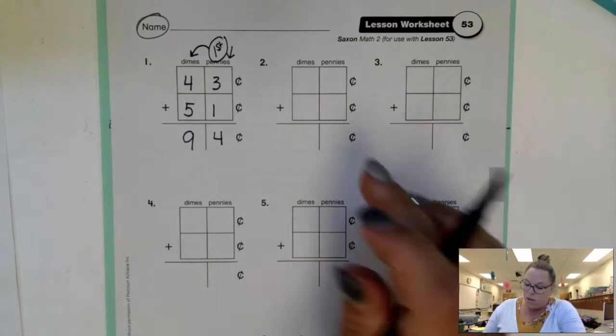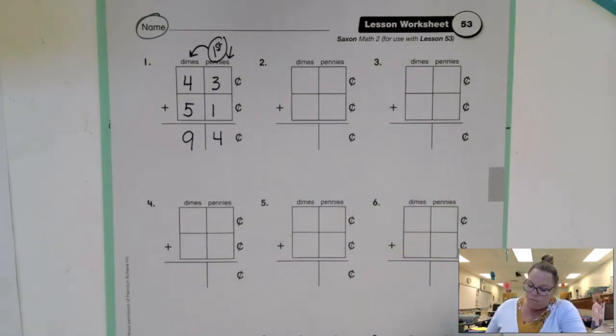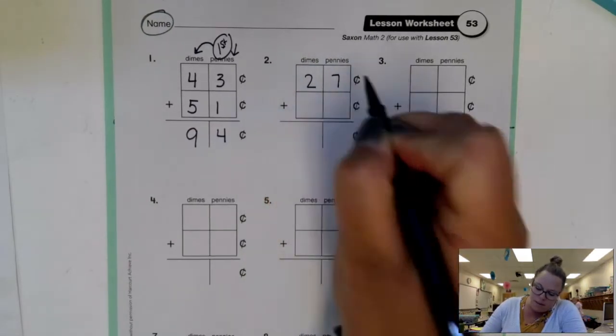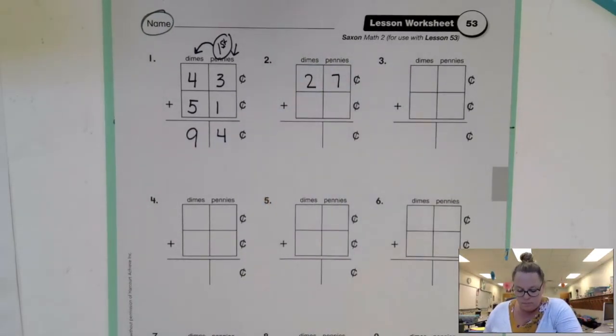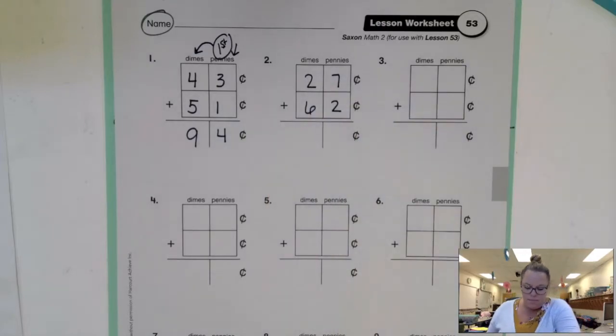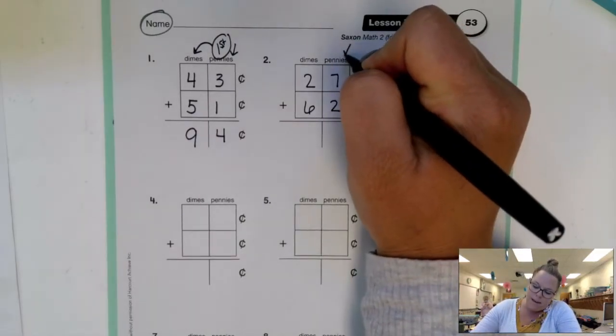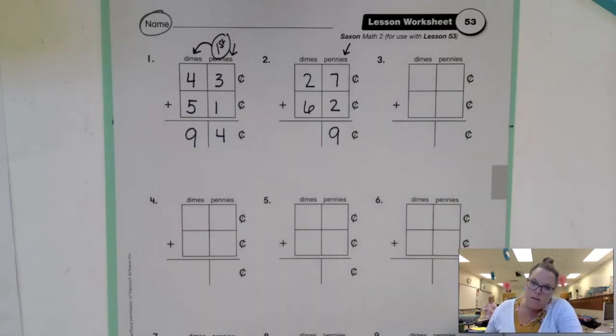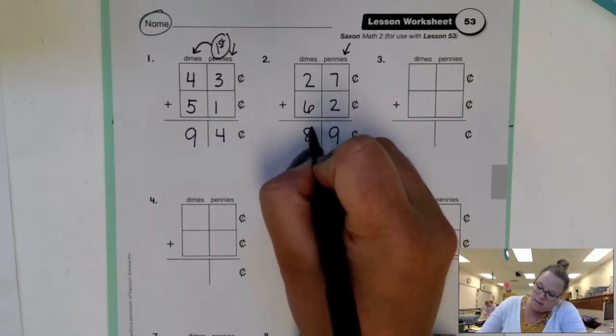Now, number 2. We have 27 cents. So go ahead and write 27 cents. And 62 cents. We're going to start with our pennies. 7 plus 2 is 9. 2 plus 6 is 8.